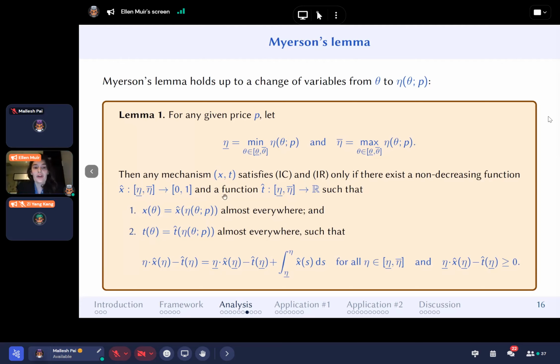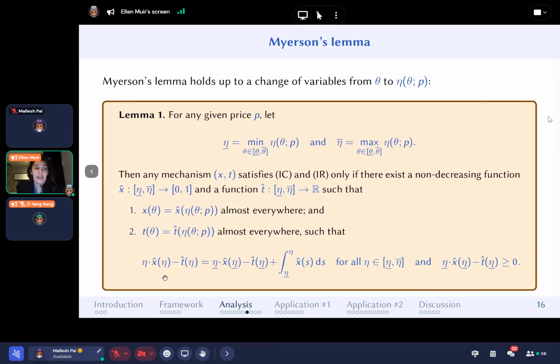And then also this modified payment rule, where again we're modifying the payment rule so that it is a function of the effective type, which is the type that the designer actually has the ability to screen over, rather than writing it directly as a function of the true type. And then this last equation is just applying the envelope formula to this problem.